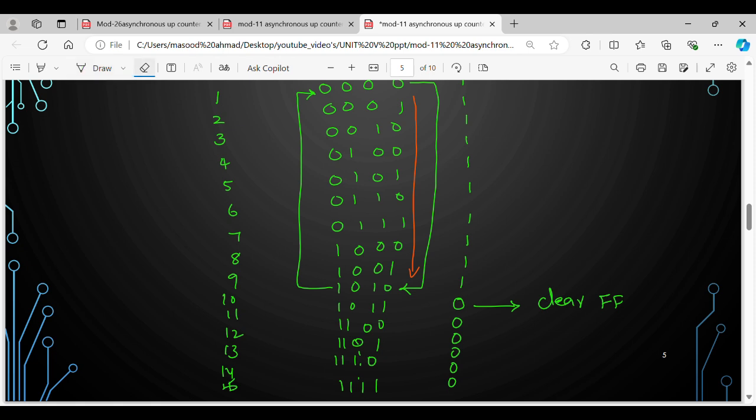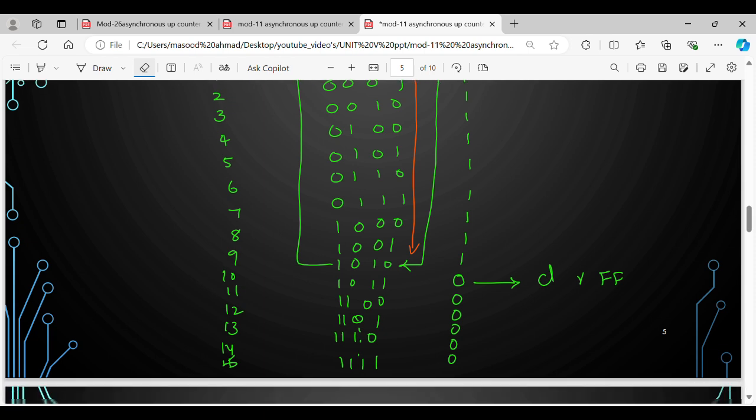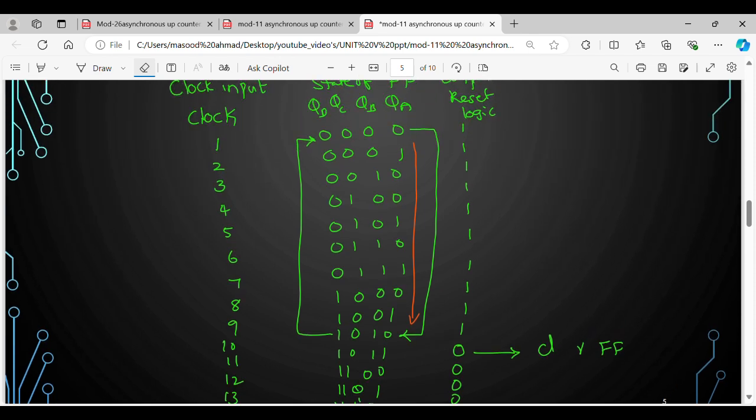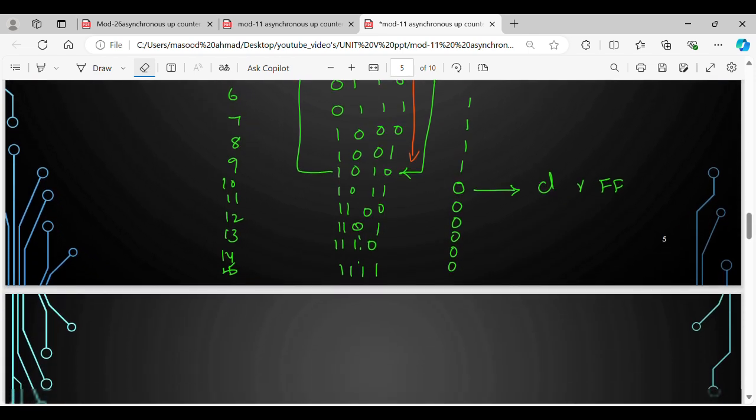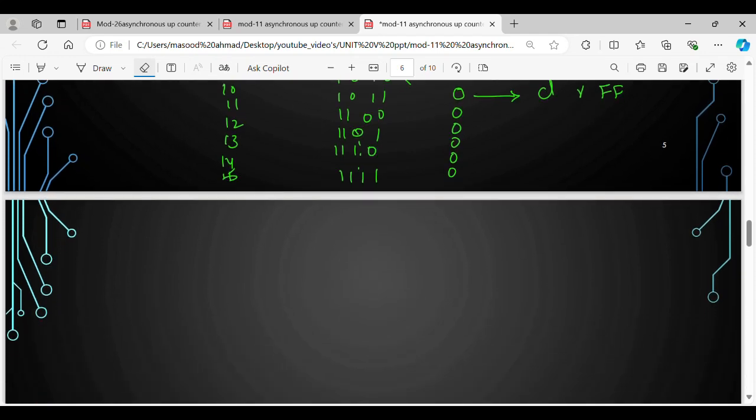If you look at this, we can get an expression for the logic. By looking at the above table, I write the output reset logic. Output reset logic has 4 inputs. So from where are we going to get it? From the inputs QA, QB, QC, QD.